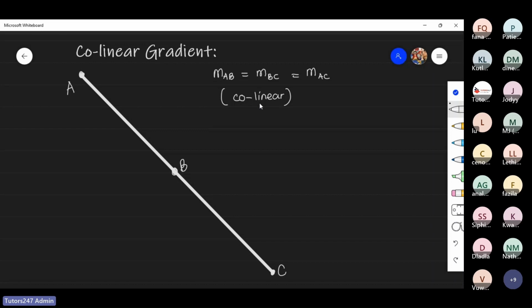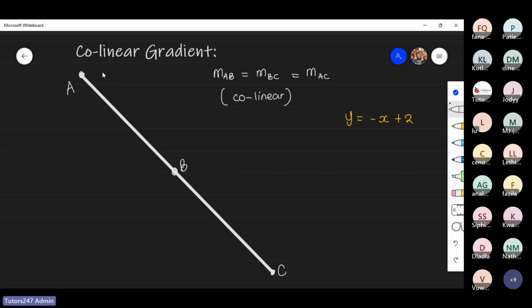So let's do this. Let's put in some values for A, B, and C. Let's make this line y equals -x plus 2. We'll give A an x value of -3, and our y value will be 5.